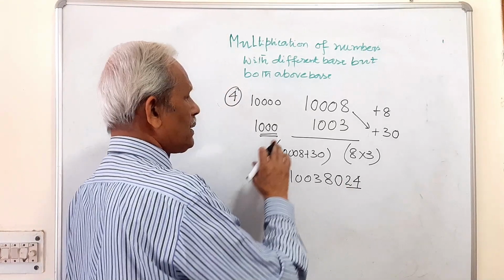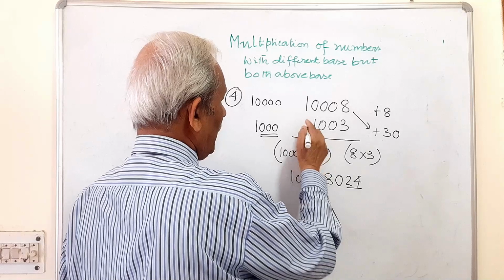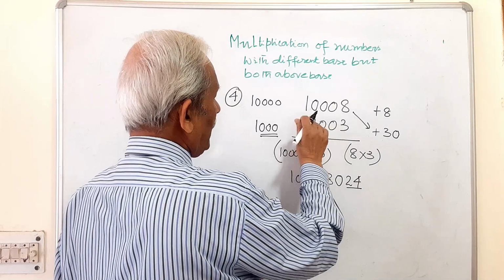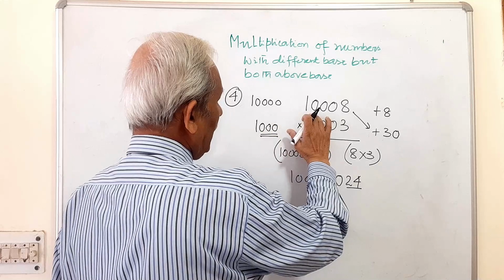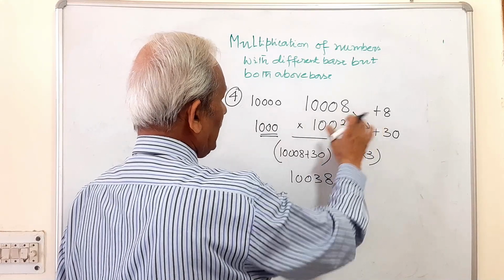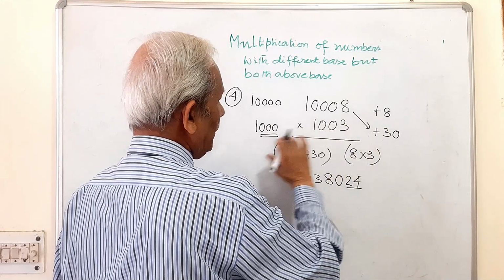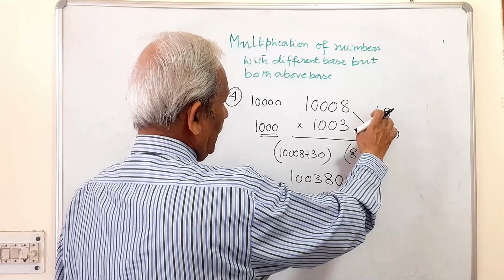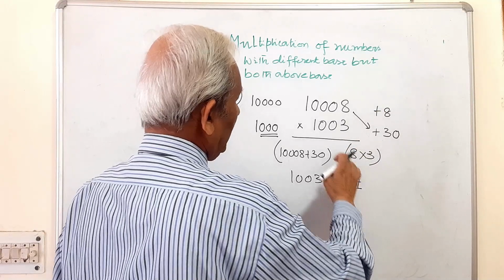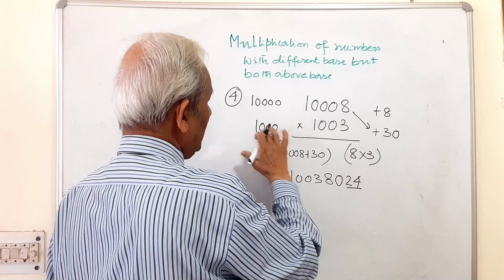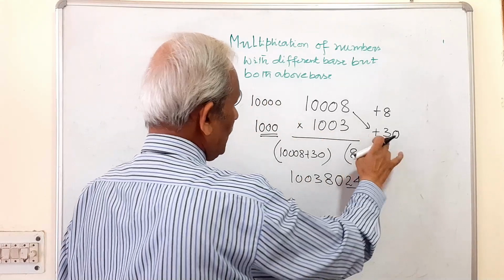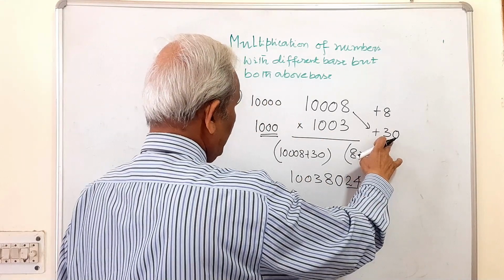Let me explain it once again. 10008 multiplied by 10003. The base is 10,000, the base is 1,000. 10,008 minus 10,000 is plus 8. 10,003 minus 10,000 is 3. So the second part of the answer is 8 into 3. And for the first part, we will have to see there are 4 zeros, there are 3 zeros, there is 1 0 extra, so we'll write 1 0 here.